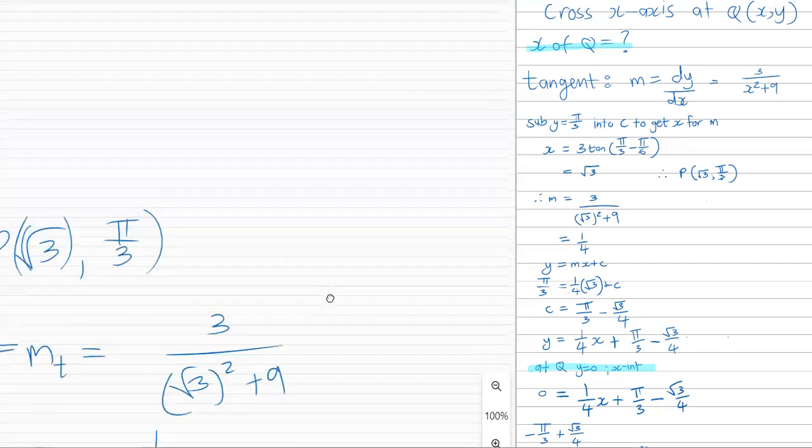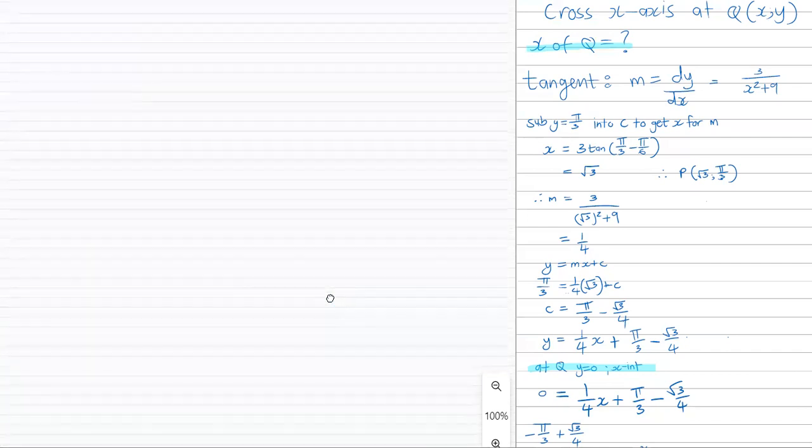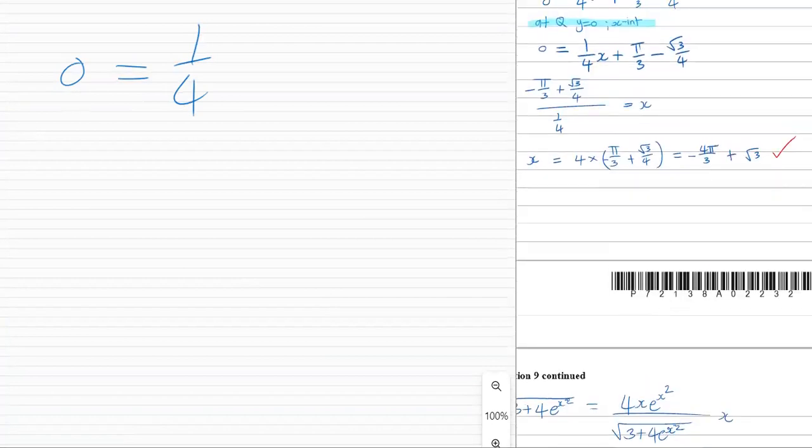So to show the working, I'll put 0 on that side, quarter x, just writing it all in for you.